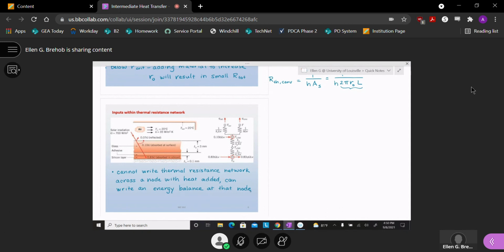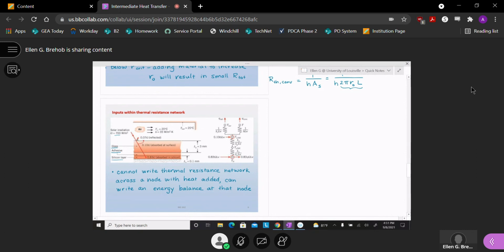Okay, so I need to get you oriented to this problem. What this says is that we have a solar panel, made up of a glass layer, an adhesive layer, and a silicon layer. It has solar radiation coming in, and they tell us the flux that's coming in.